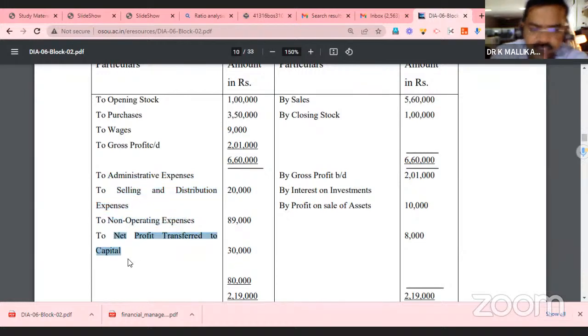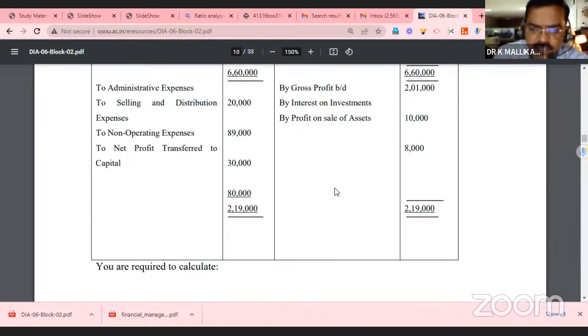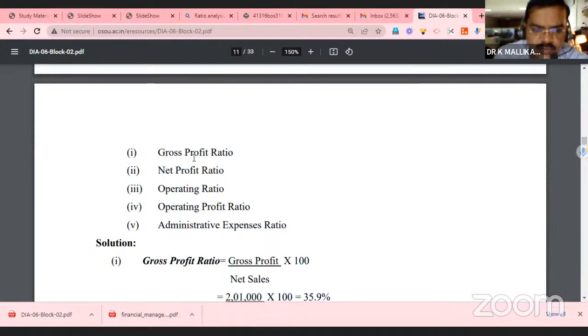The final one is net profit, gross profit, interest on investments, profit on sale of assets. So what are these? Operating profit, non-operating incomes. So calculate the ratios.